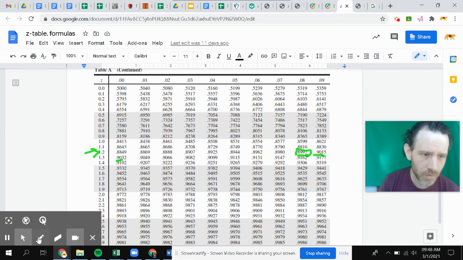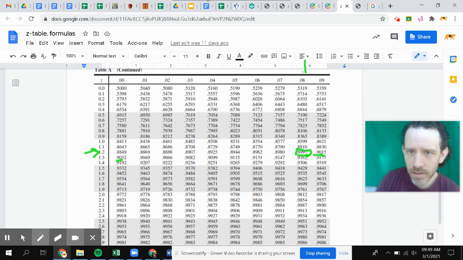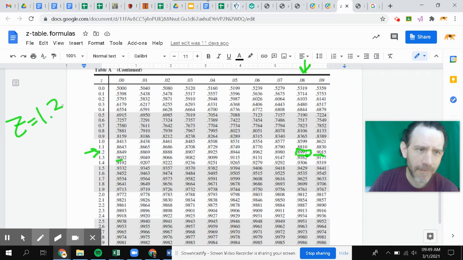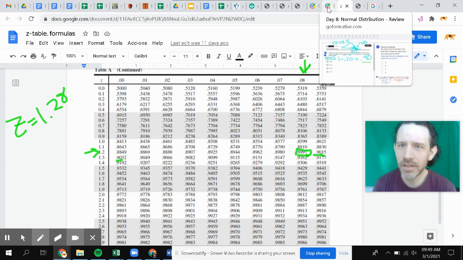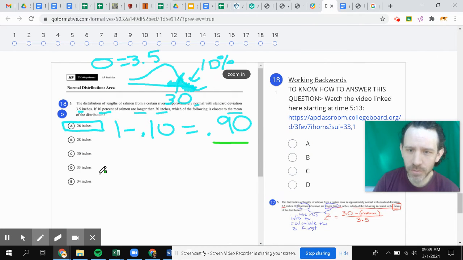So 1.28 is my z-score. If I picked 1.29, you're still going to be fine. So let's do that. z equals 1.28. And now I can go over to this and start to do my calculations.